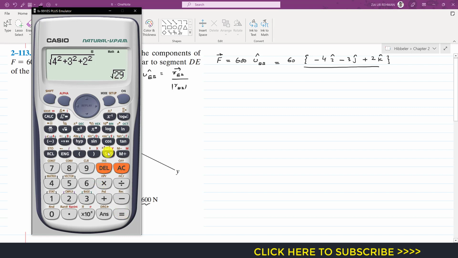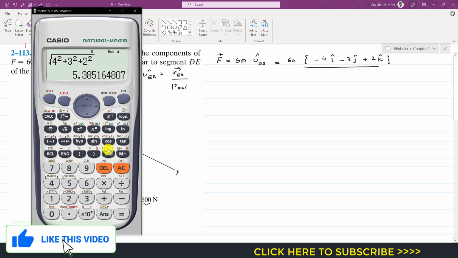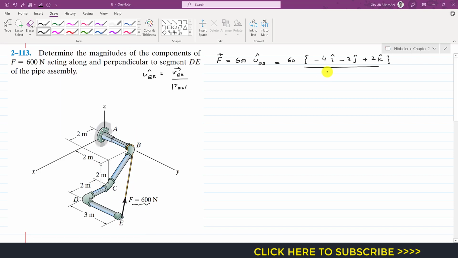So square root 29 is the magnitude of that position vector, which is 5.385.